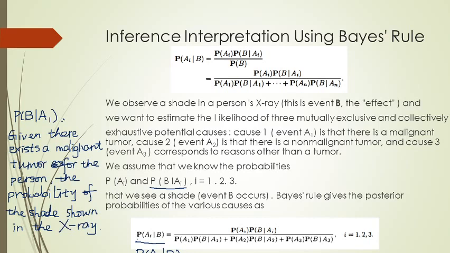It might be a cancer. So that is a higher probability. If, for the conditional probability given event B, the shade observed, the probability of A3 is much higher, maybe it's something not so important, not so related to cancer.